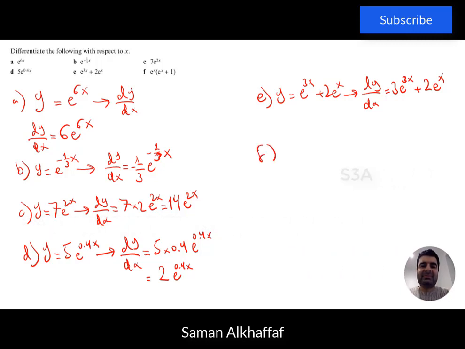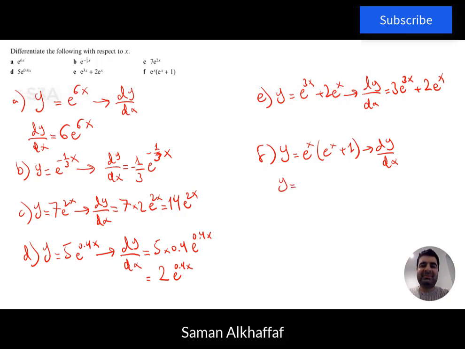For part F, we have e to the power of x, between brackets e to the power of x plus 1. First we expand the bracket. So we just need to rewrite this. To find dy over dx, first we need to rewrite y.